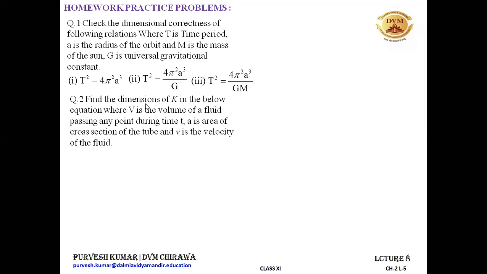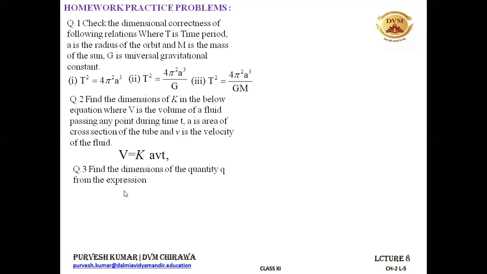Also, you need to find the dimensions of the constant k in this equation, where A is the area, t is the time, and v is the velocity of the fluid. You need to find the dimensions for k from this equation. Capital V is your volume.